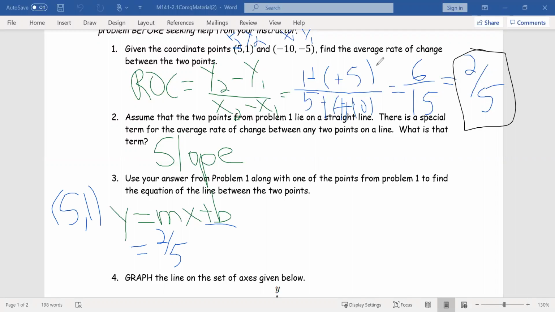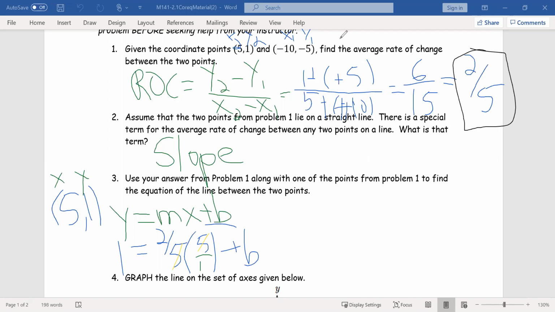So I'll plug in the values where they go: the 5 is an x value, and the 1 is a y value. So this should be set up as 1 equals 2/5 times 5 plus b. Now I can solve this for b because it's the only variable. I can make my 5 here a 5 over 1, and notice I have a 5 in a numerator and denominator, so they can cancel out.